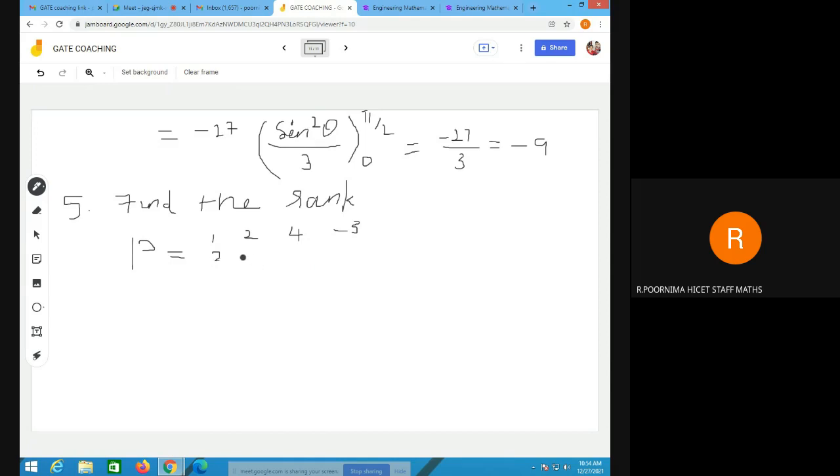Then 2, minus 3, 5, minus 4. Then 4, 1, 13, minus 10. Next, 3, minus 8, 6, minus 5. This is a 4 by 4 matrix.